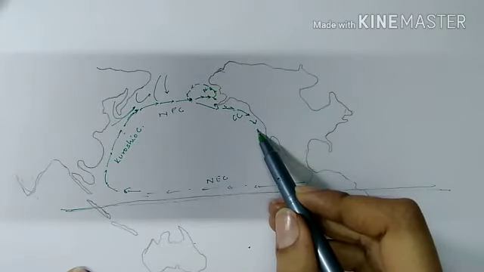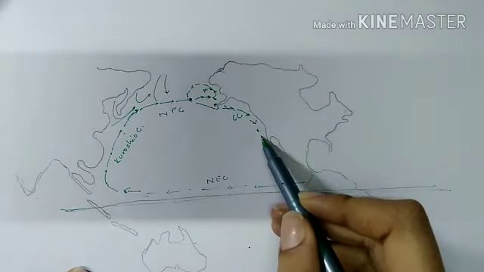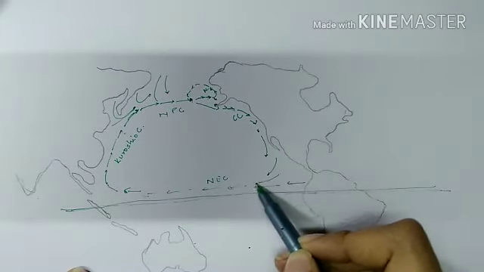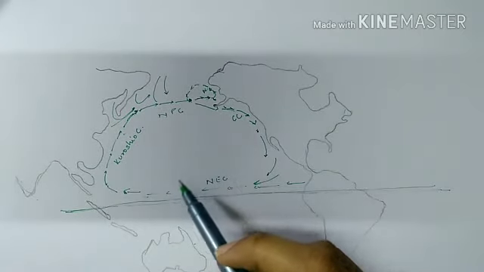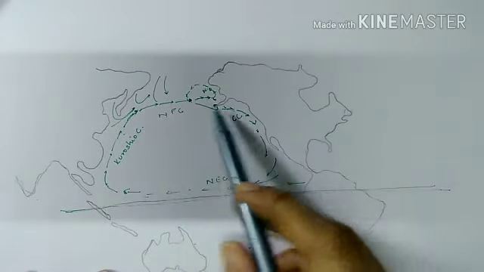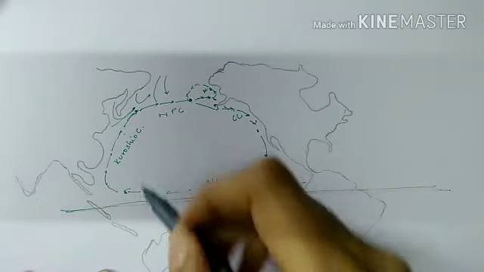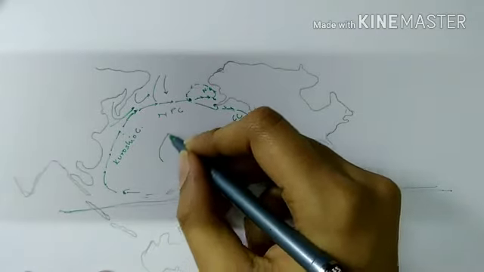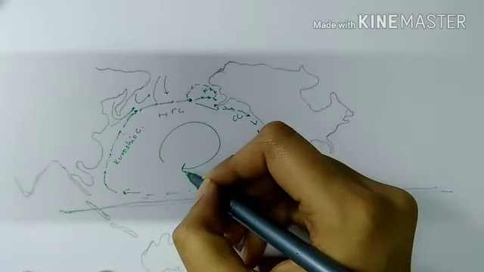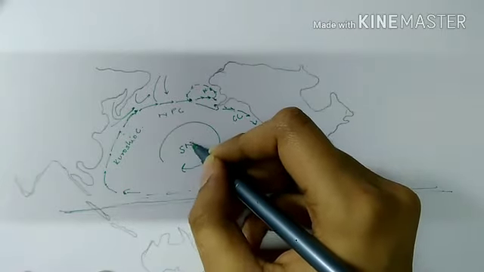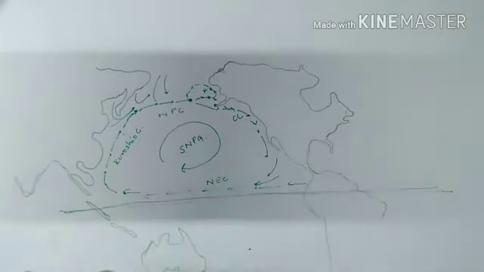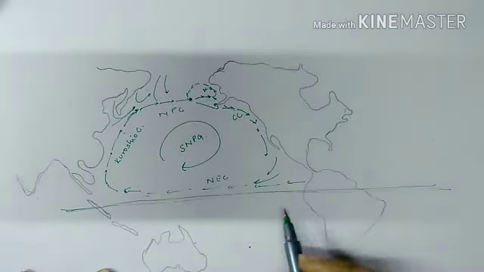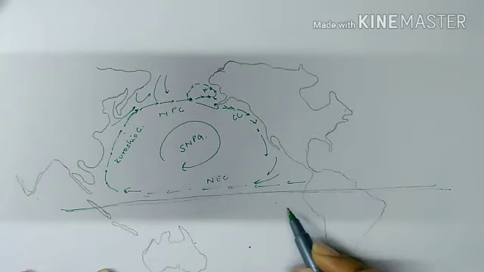This Californian current again joins the North Equatorial current, thus completing the cycle of the North Pacific Ocean. This North Pacific Ocean forms a gyre known as the subtropical North Pacific gyre. Okay. Then we have the South Equatorial current.